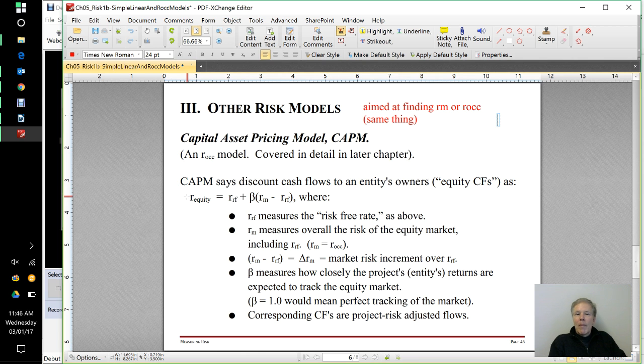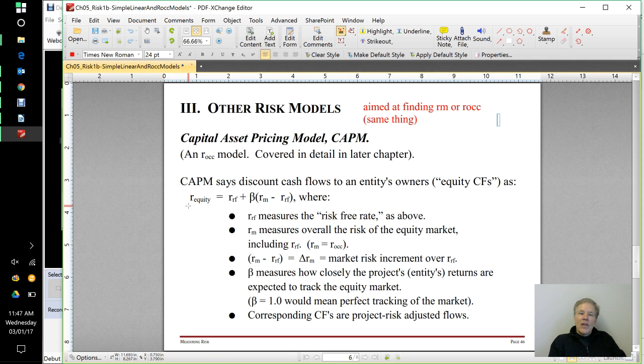It says, first of all, we're going to discount cash flows to an entity's owners. So this is only going to work for sponsors, equity investors. It's not really aimed at lenders and things like that. And it's usually used for valuing a whole company, okay, not so much a project. Another problem with CAPM.